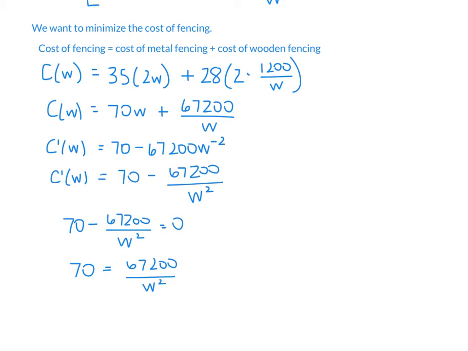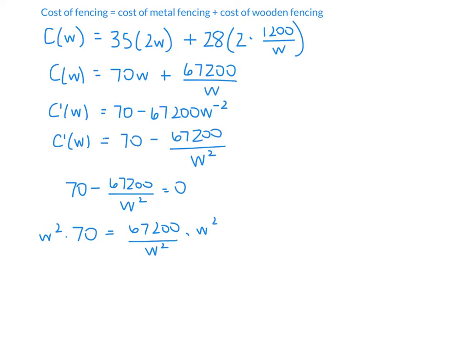Now I'm going to multiply both sides of this equation by W squared to get our variable out of the denominator. So we have 70W squared equal to 67,200. Dividing both sides by 70, we have W squared equal to 960.